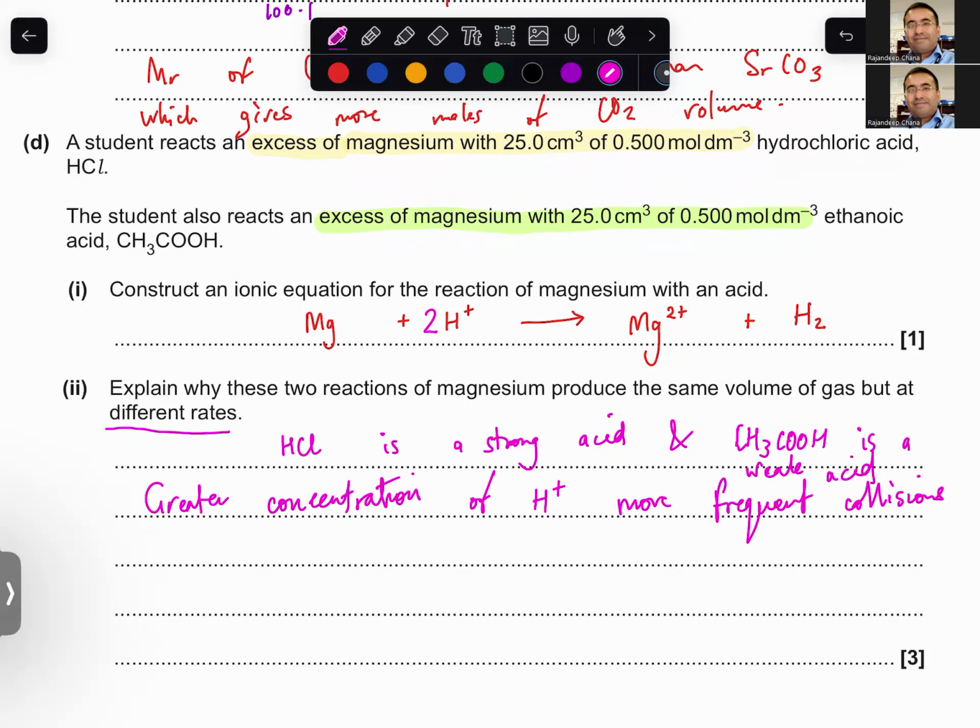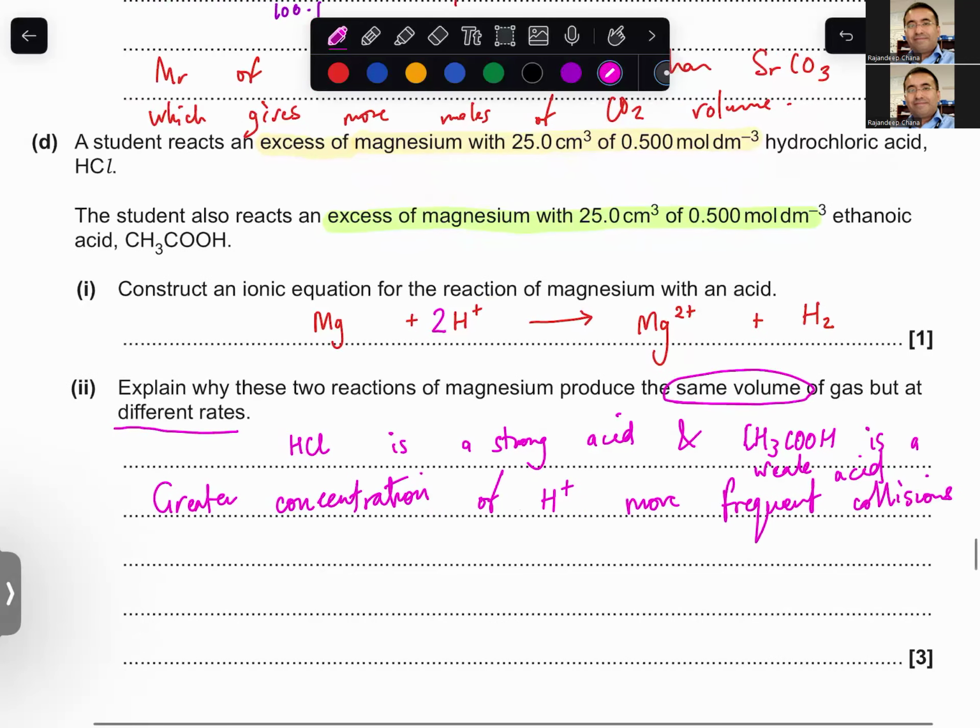Now, referring to the last part, it still produces the same volume of gas. Why is that? You can word it differently.